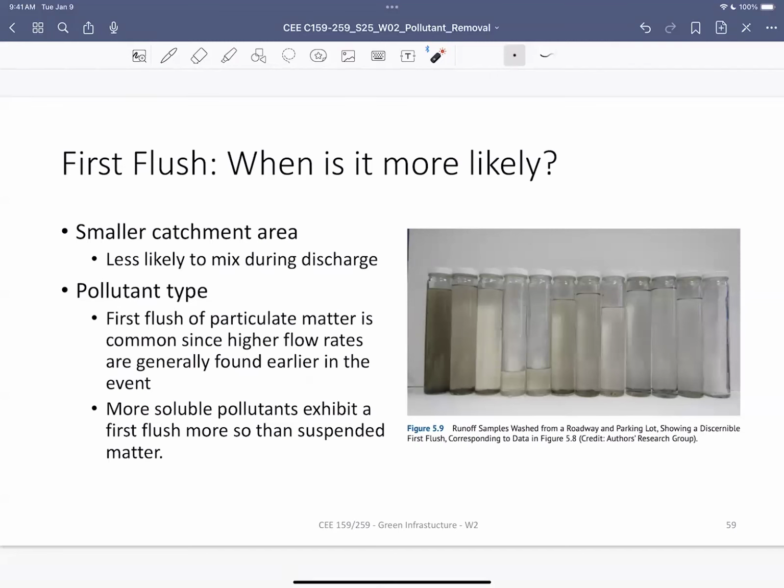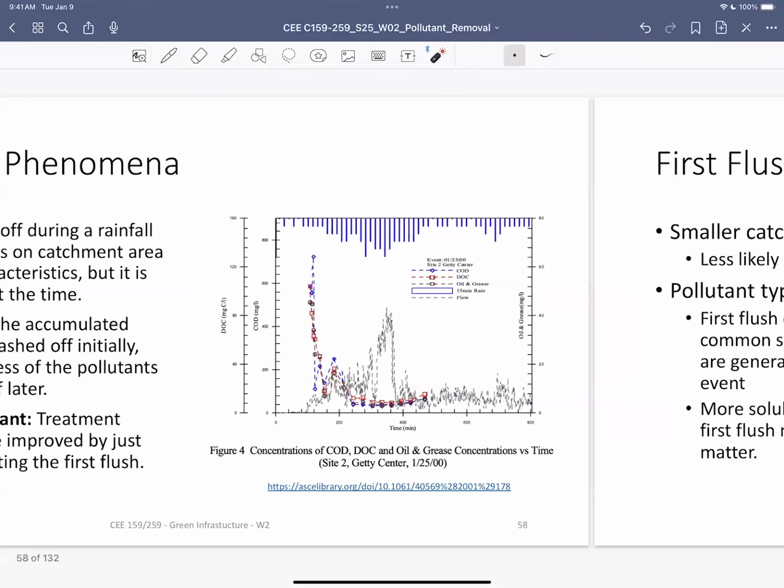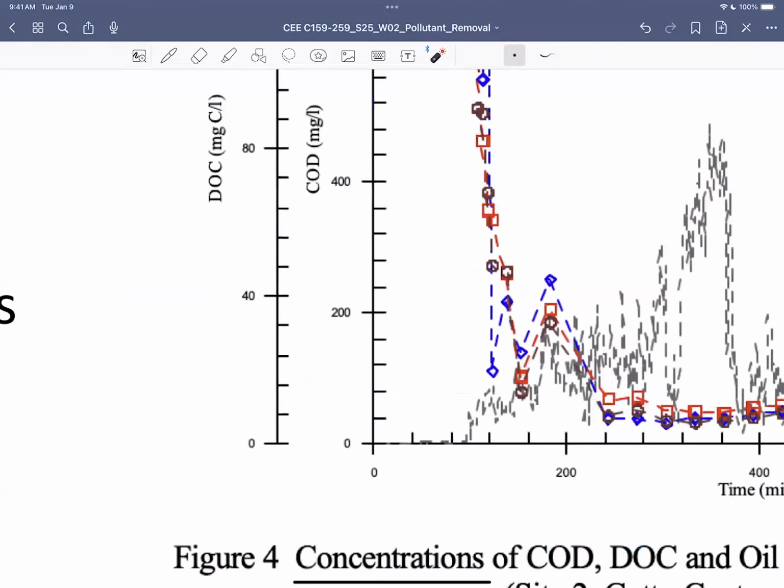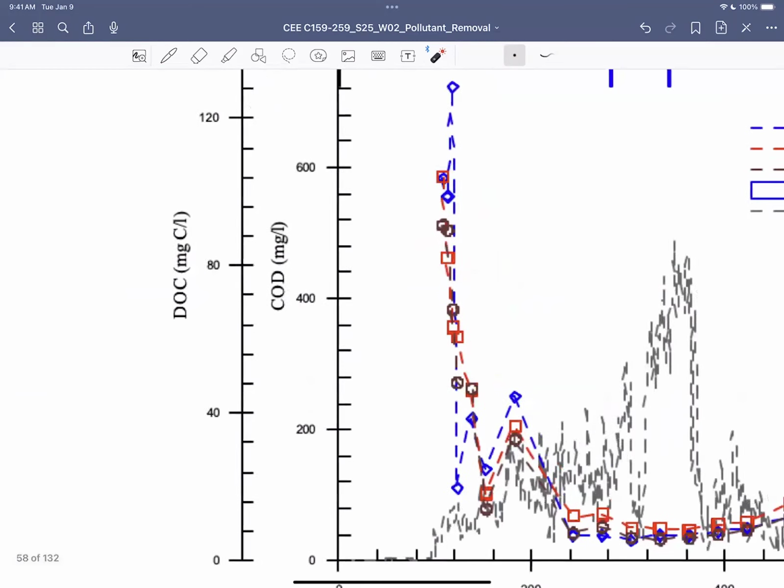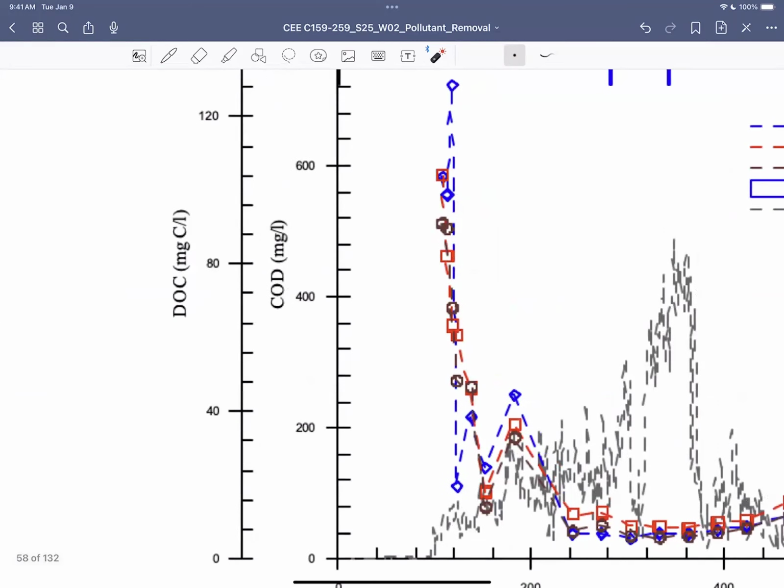Again, for soluble pollutants, initially the water flow rate is low, as you can see over here, but it's enough to dissolve a lot of pollutants. The concentration is mass of pollutants per volume of water.